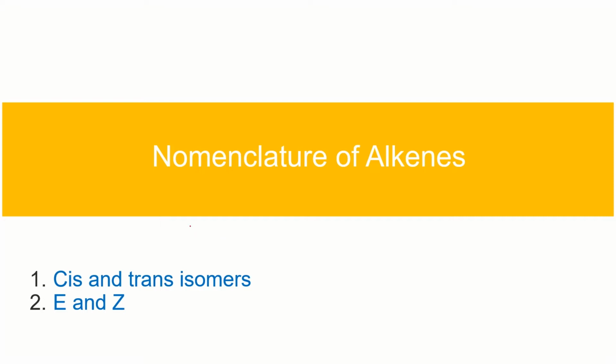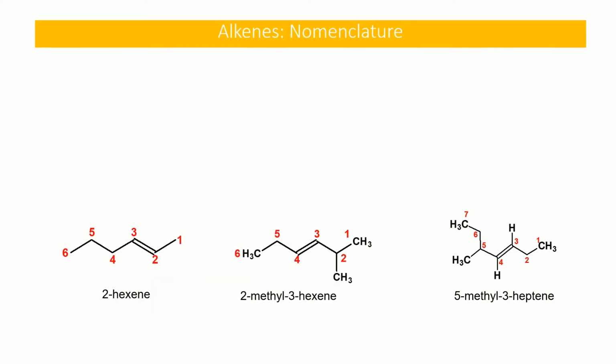The nomenclature of alkenes is slightly different from that of alkanes because we do have a double bond that is not free to rotate. And so we end up with cis and trans isomers. And furthermore, we also have to think about E and Z isomers. Herein, we have a common species such as 2-hexene.